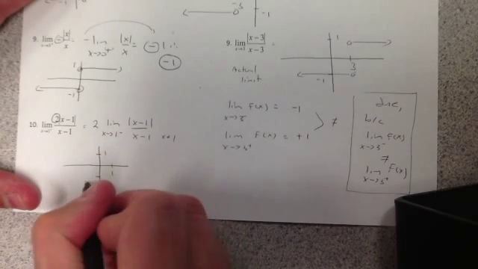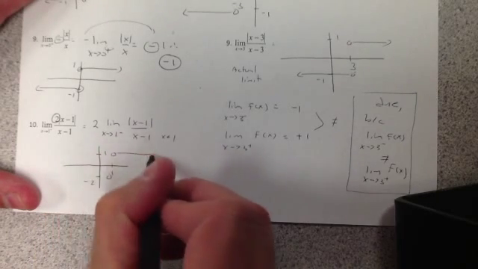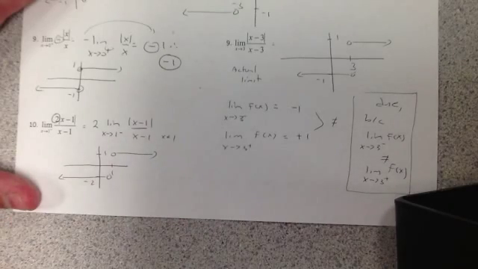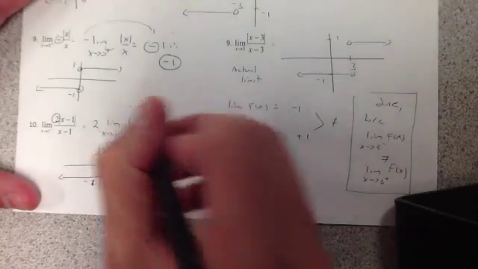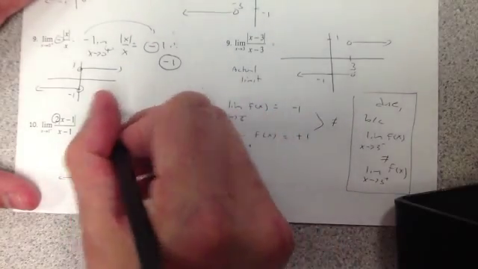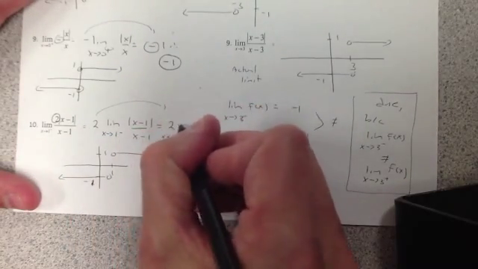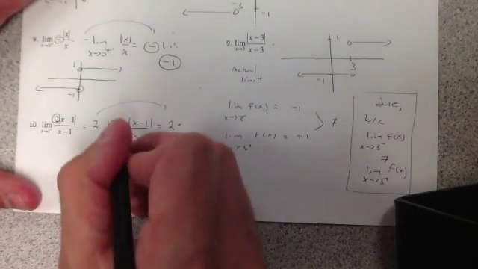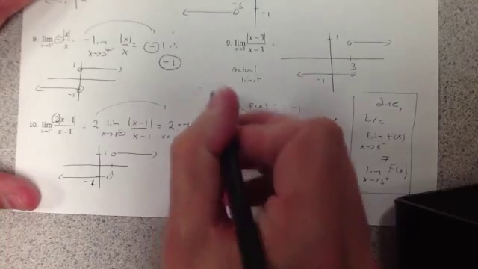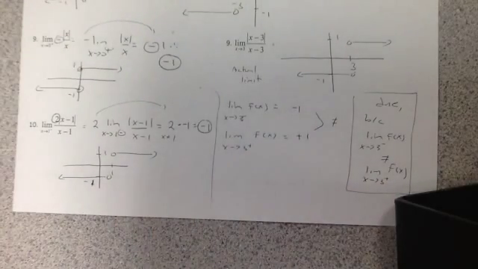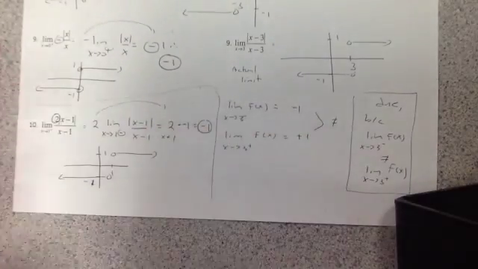It's either going to be 1 or negative 1. That's looking negative 1. We have the 2 out here, so we have to include it, 2 times. And what are we approaching as we approach from the left? Negative 1. So the answer, negative 1. So very easy to do these.